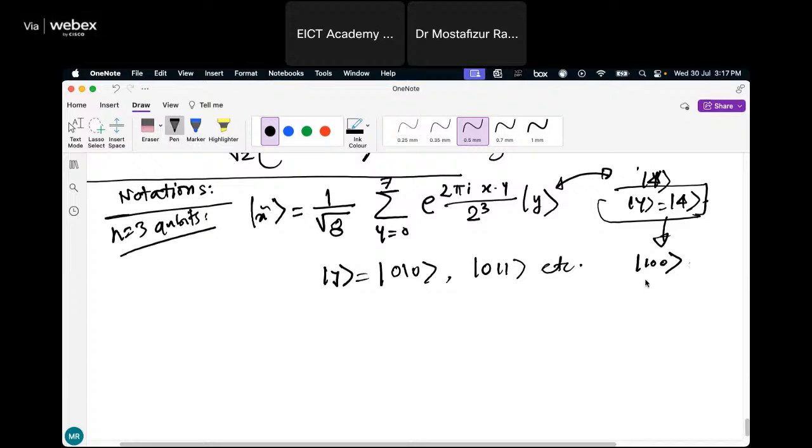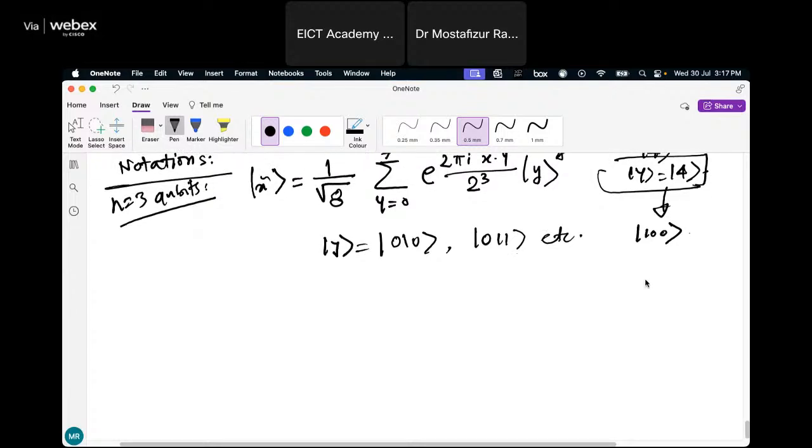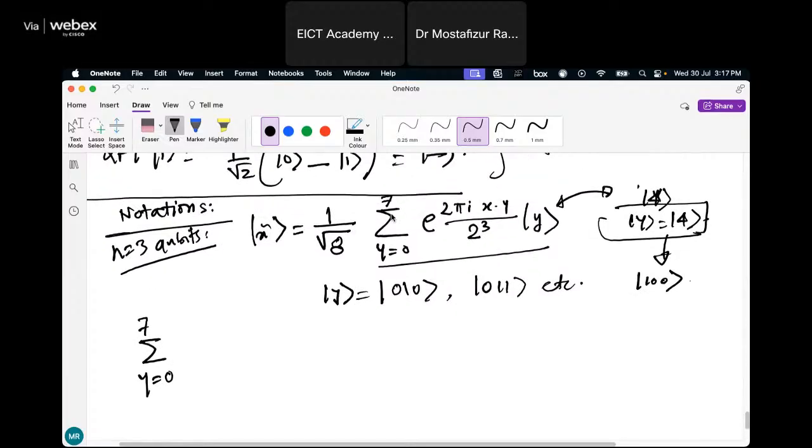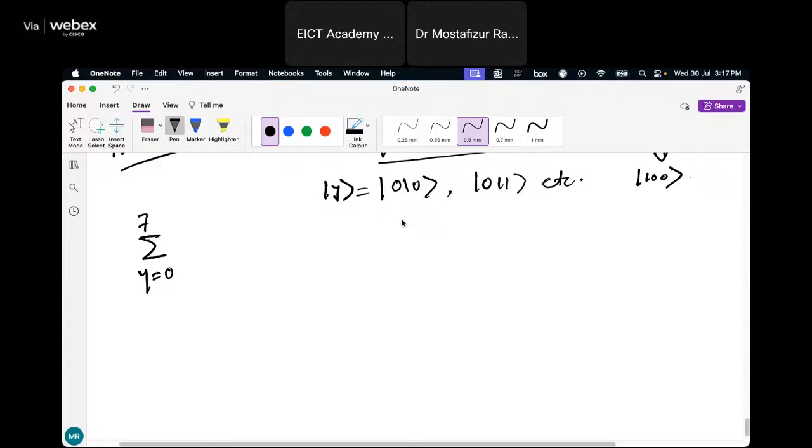Then what are the complications? The complication is how you represent this part. For example, the summation of y equals 0 to 7 is equivalent to the following, because you can always represent y as a bit string.